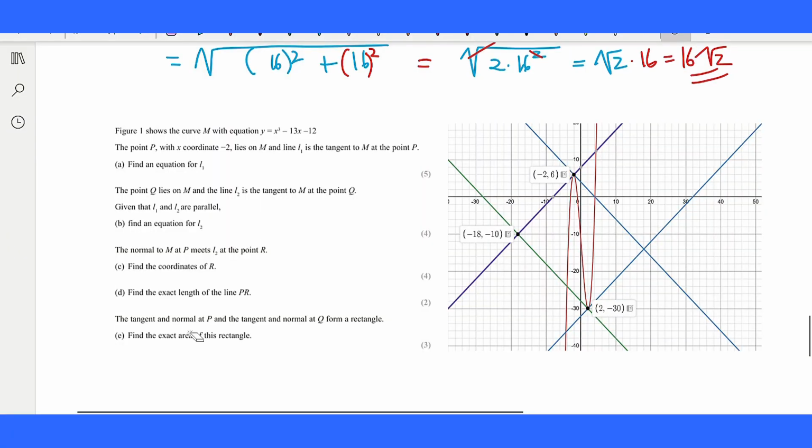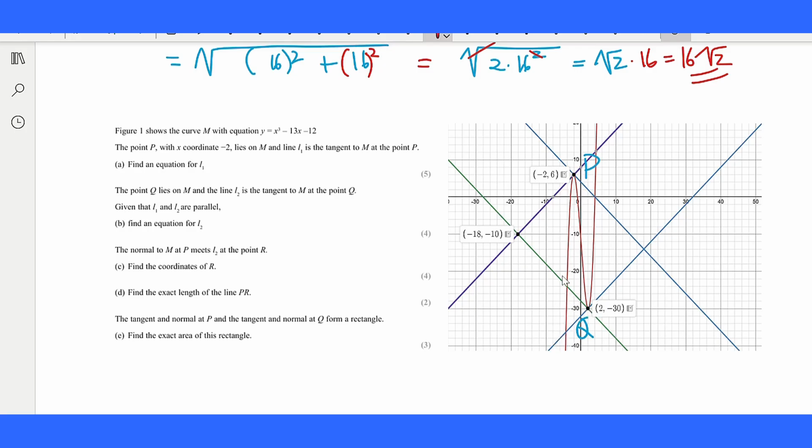Okay, now we are in question E. The tangent and normal at P and the tangent and normal at Q, this is P and this is Q, form a rectangle, as shown. So find the exact area of this rectangle. We got the equation for the normal at point Q with the same line equation.